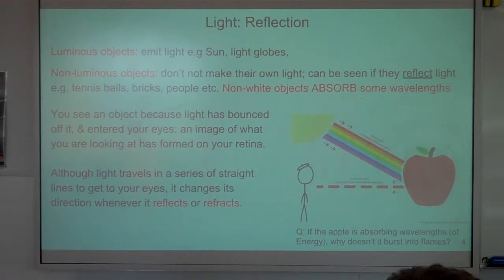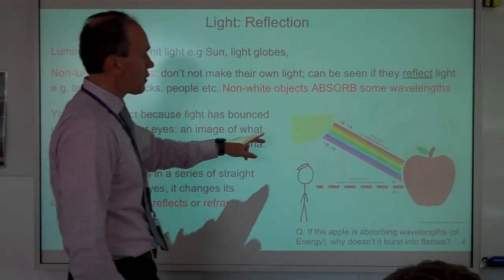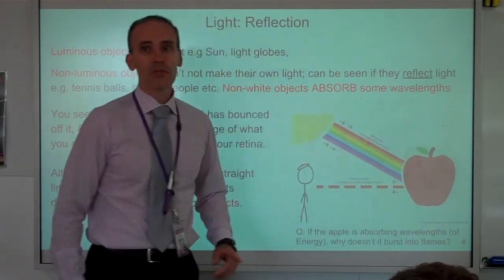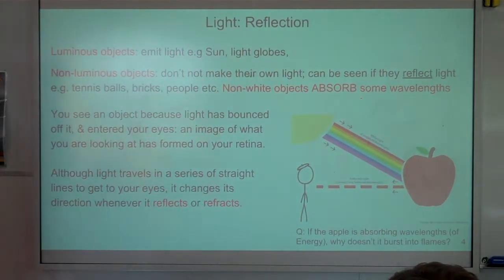Okay? So in this case, everything except red is being absorbed. The red is reflecting though off that surface. So the nature of the apple skin is such that light of the red wavelength, of that frequency, will not be absorbed. It will be reflected, and it bounces off and reaches your eyes.